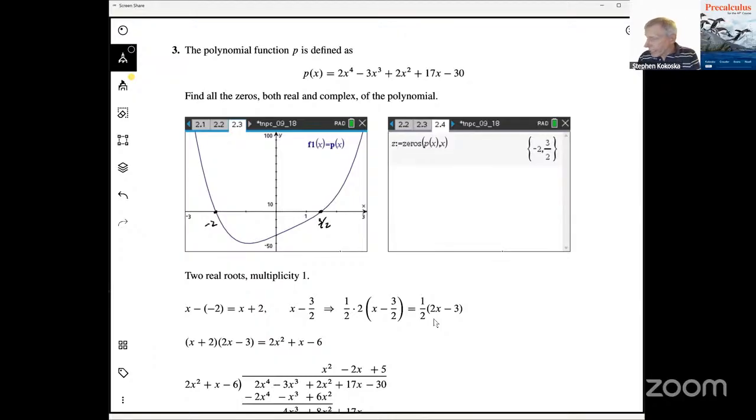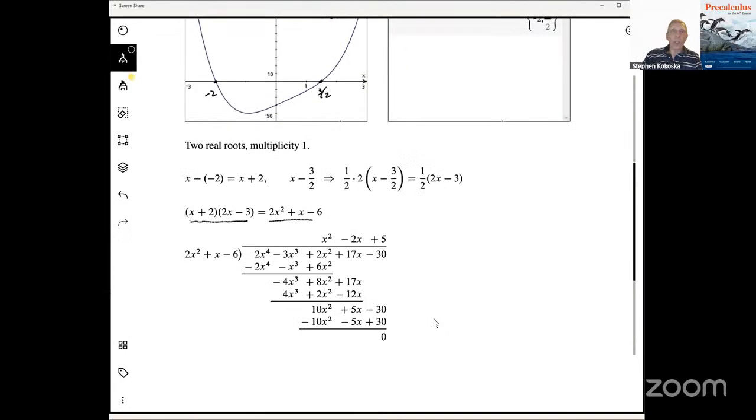In this next step I multiplied those two factors together to get this quadratic. I know that that quadratic divides evenly into this original polynomial. Down towards the bottom here, I know it's painful, but I used long division.